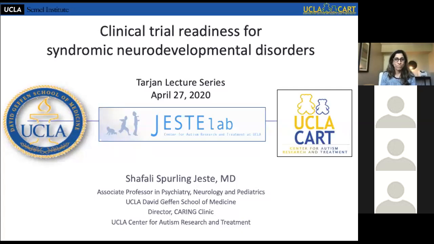She was then recruited to UCLA in 2010 as the director of the UCLA CART Biomarkers Core. Dr. Jeste's research is focused on developing methods to improve our precision in the diagnosis and treatment of neurodevelopmental disorders through the application of brain-based biomarkers and more targeted developmental phenotyping. Her lab studies neurodevelopment from early infancy through late childhood, and she is the principal investigator on numerous studies.